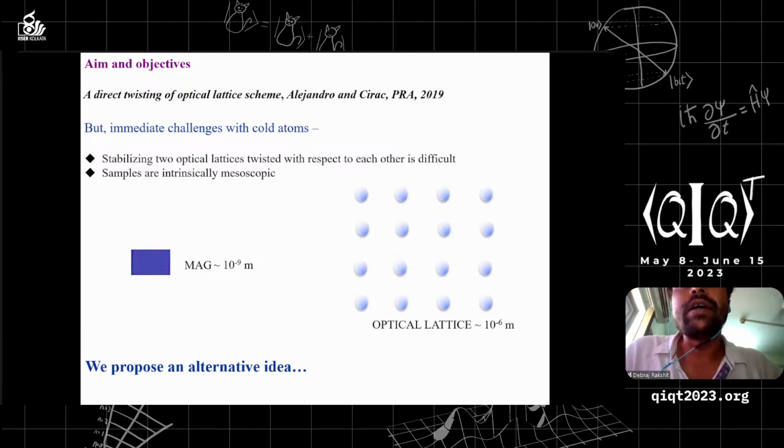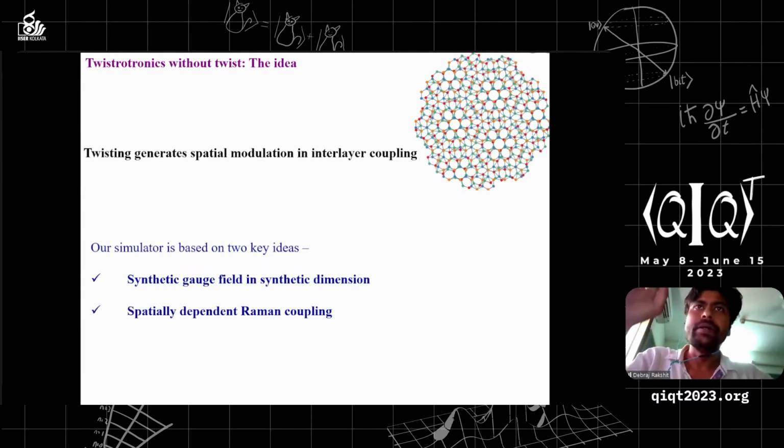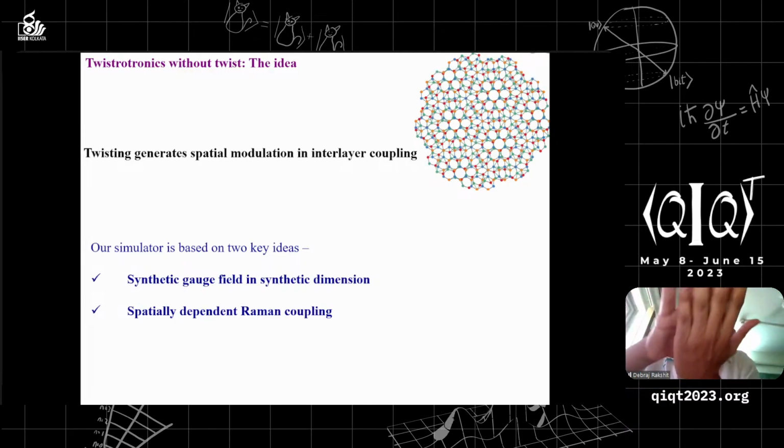The idea is the following. It has one key aspect that is important to understand: what physically happens when you twist one layer with respect to another layer. When you don't twist, at twist angle 0, the orientations are just on top of each other.